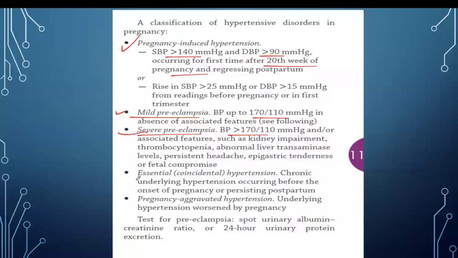So what about if someone was already diagnosed as hypertensive before 20 weeks of pregnancy? That becomes chronic hypertension or essential hypertension. So if a patient was already hypertensive even before getting pregnant, it was maybe essential hypertension.